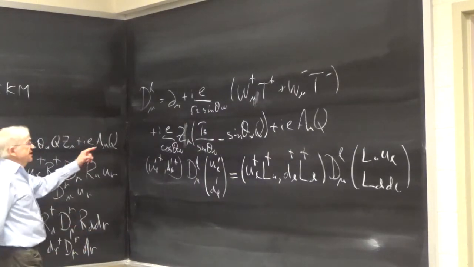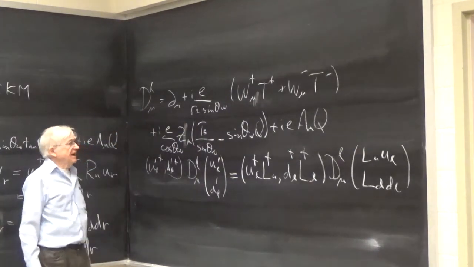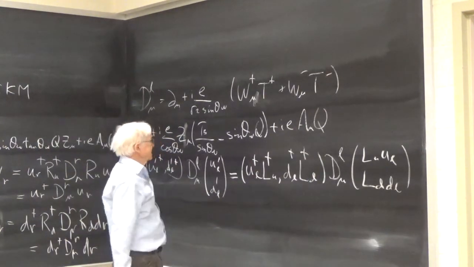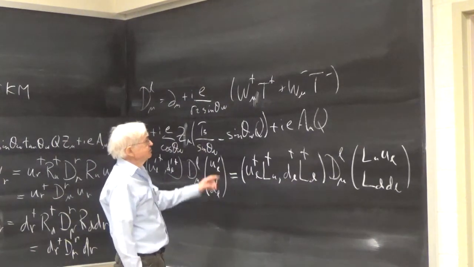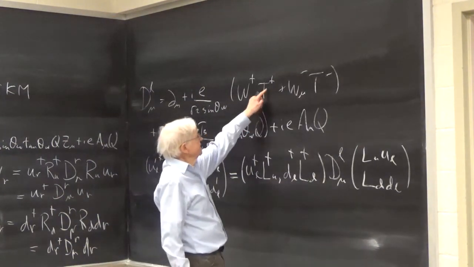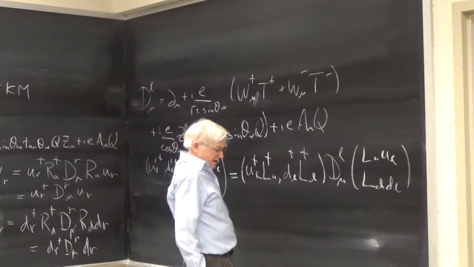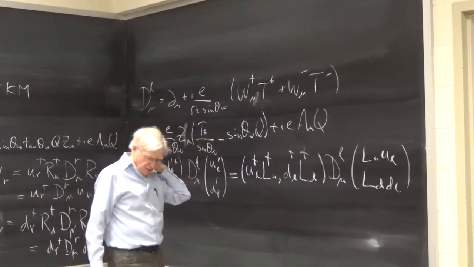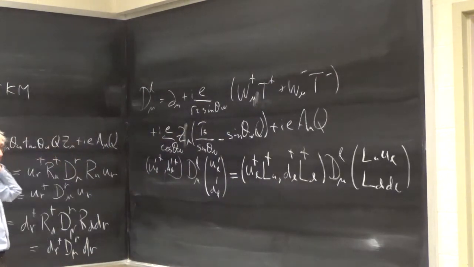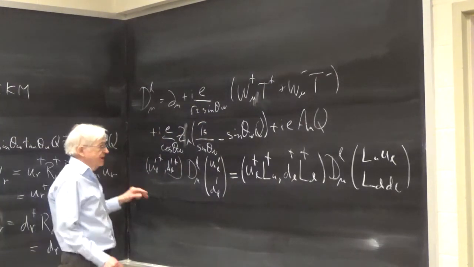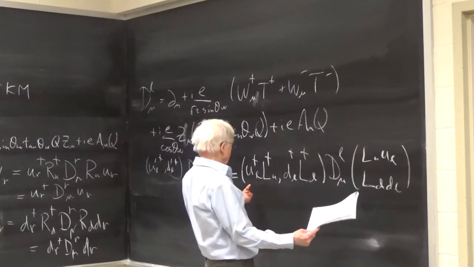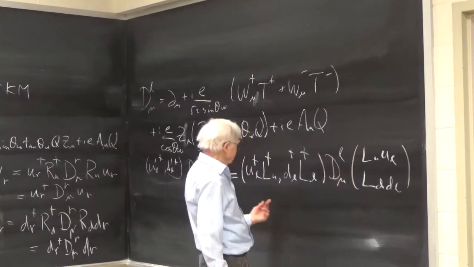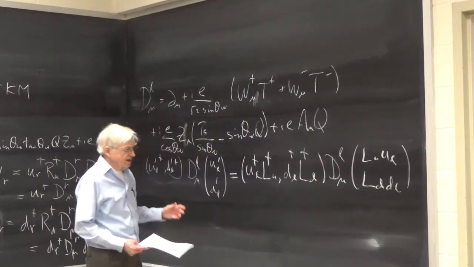Well, the covariant derivative is this thing, and the bottom part doesn't make any difference, but the top part does, because this thing interchanges up and down, and the ups and downs are multiplied by different matrices, L_U and L_D, L_U dagger and L_D dagger.